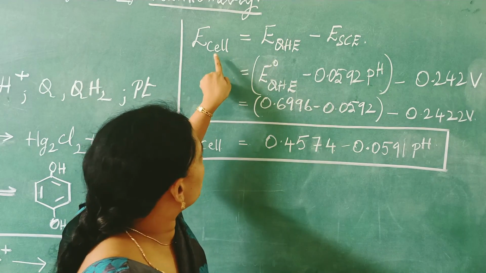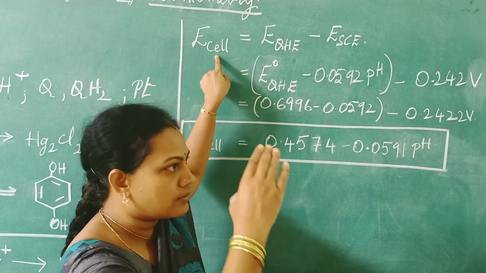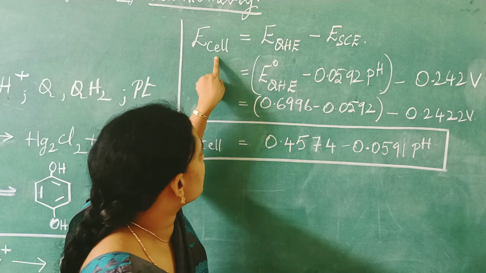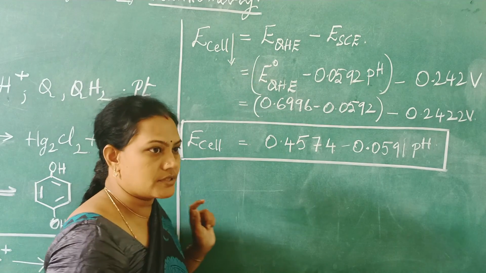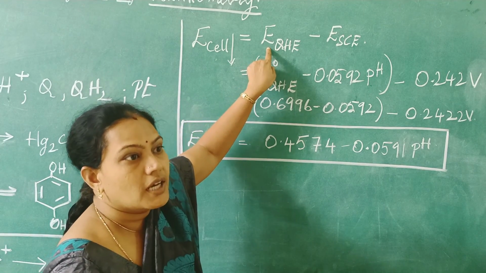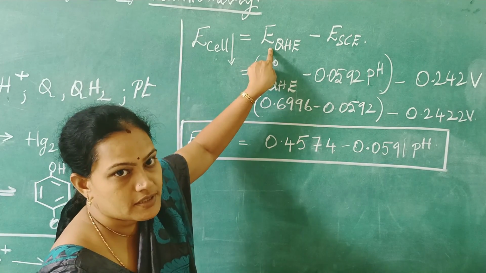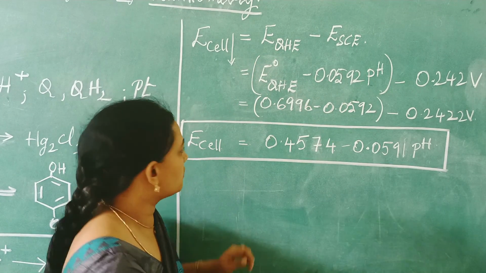Now when you observe the overall cell EMF of the reactions, whenever you are adding base to the acid, there is continuous decrease in the values of E cell during the course of titration. This decrease is attributed to the decrease in the values of the potentials on the right hand side electrode due to decrease in the concentration of H plus ions on addition of base.